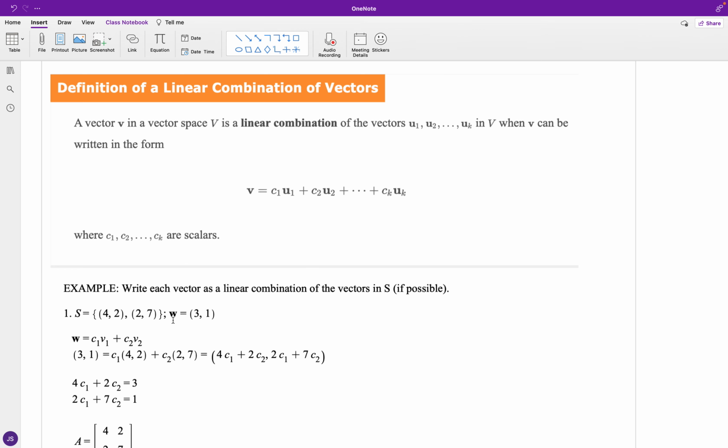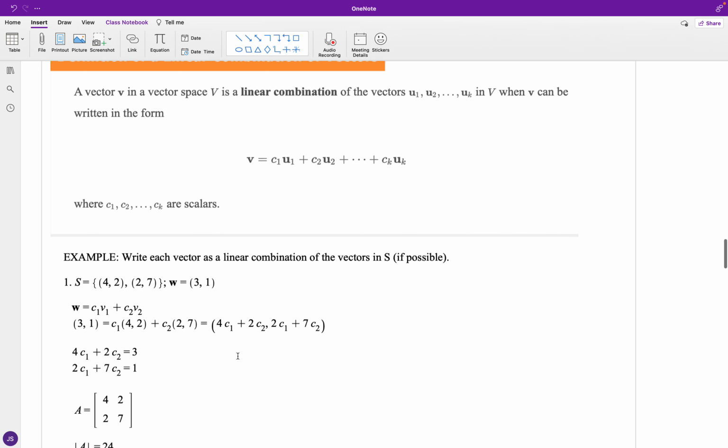So you get (3, 1) is equal to c₁ times v₁, which from S is (4, 2), plus c₂ times v₂, where v₂ is (2, 7). Putting together, you have 4c₁ plus 2c₂, followed by 2c₁ plus 7c₂, and mapping together.